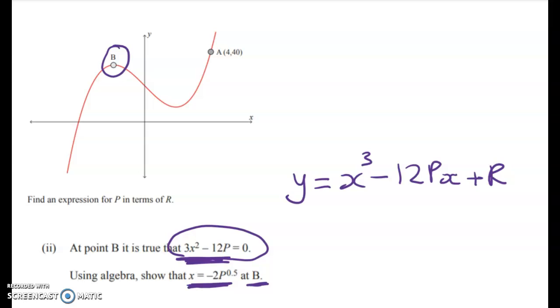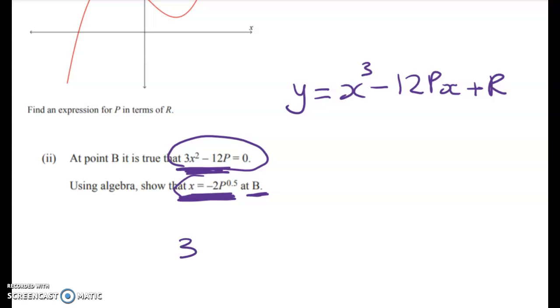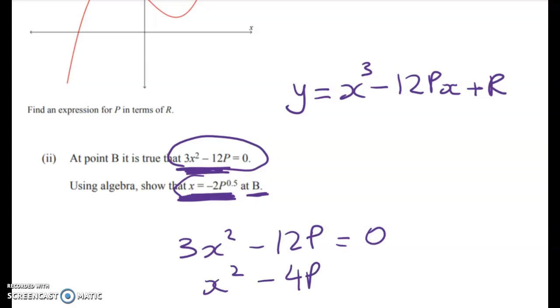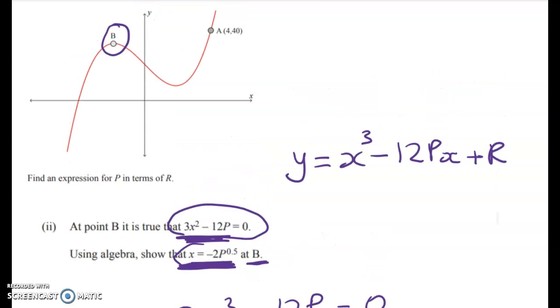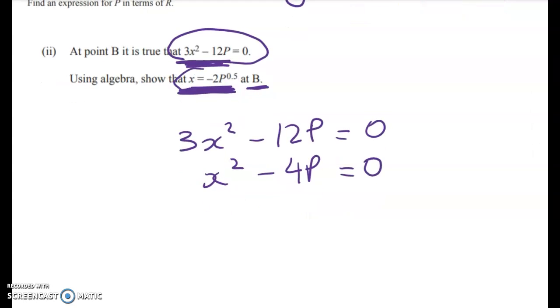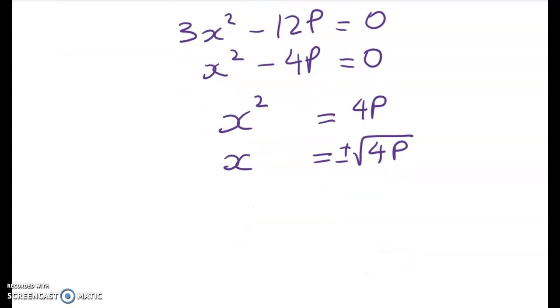So here what we have to do is to show that at point B, x must be this value. So we have 3x squared minus 12p is equal to 0. Dividing through by 3 gives me x squared minus 4p equals 0. We know that at point B, x is negative, right? So the x value that we're going to get has to be less than 0. Rearranging, we get x squared is equal to 4p, and there are two solutions to that. x can either equal the positive or the negative root of 4p.